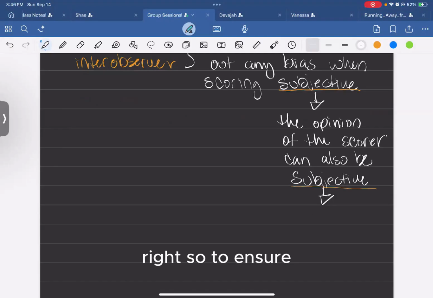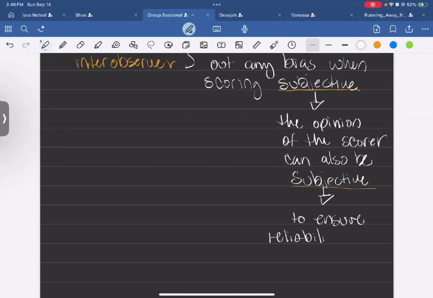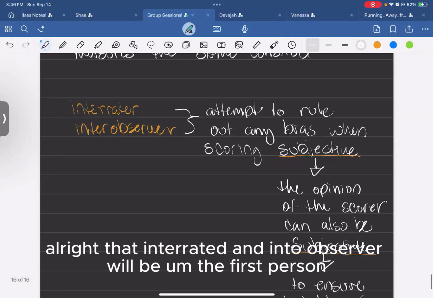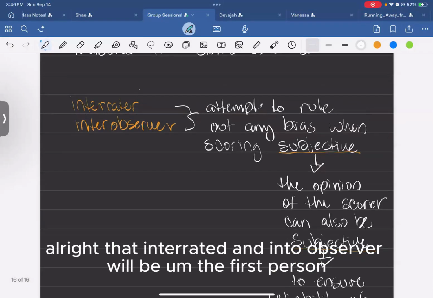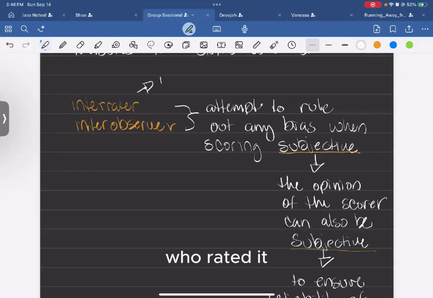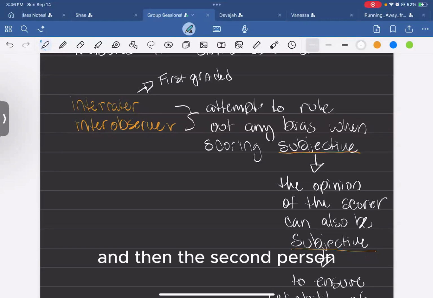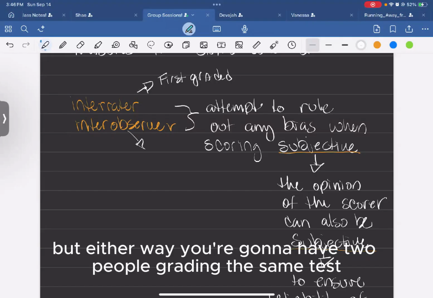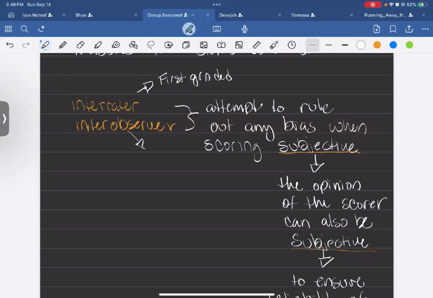So to ensure reliability of the final score, that interrater and observer would be the first person who graded it, and then the second person. It doesn't matter which kind of order it goes in, but either way, you're going to have 2 people grading the same test.